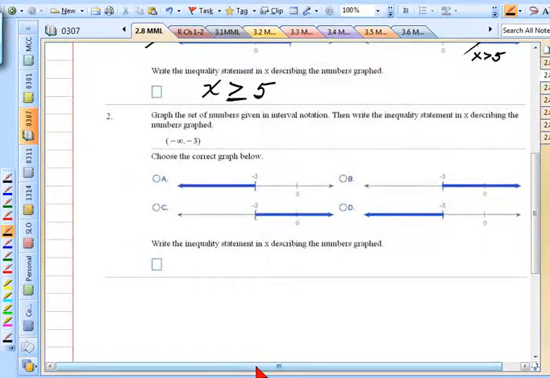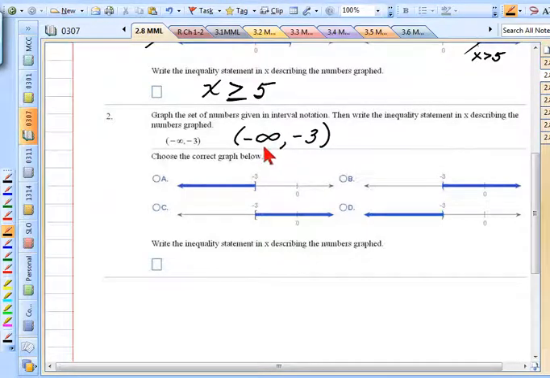Number 2 says, graph the set of numbers in interval notation. Then you're going to write it as an inequality. Here it is as an interval, and I'll write it larger: negative infinity, comma, -3. I don't think I talked about this earlier, so this will be our first exposure to this.